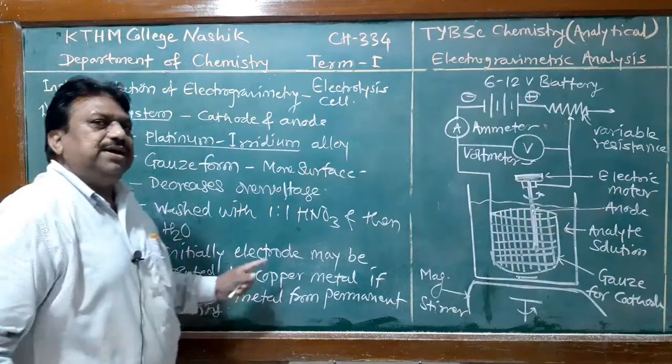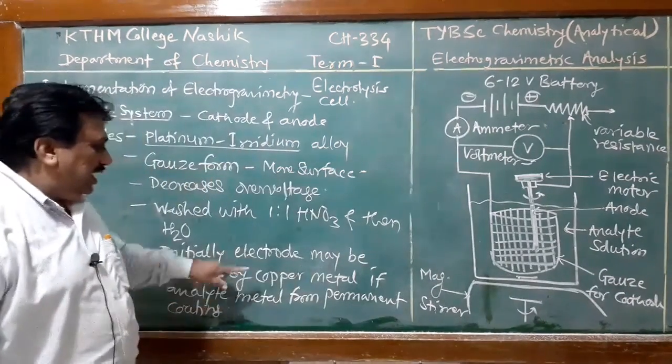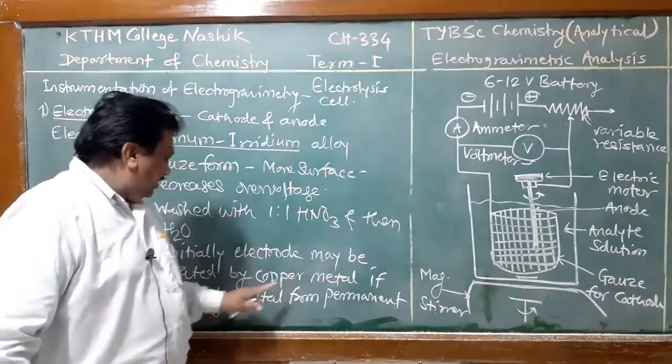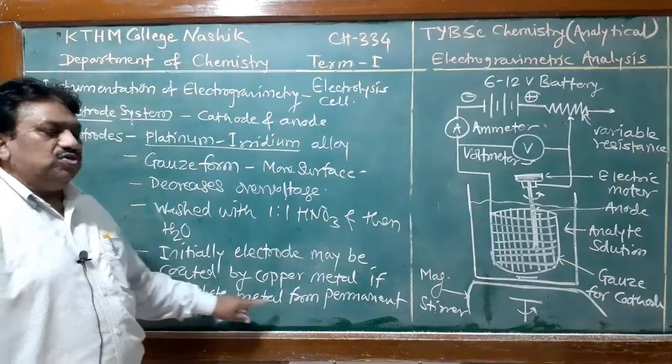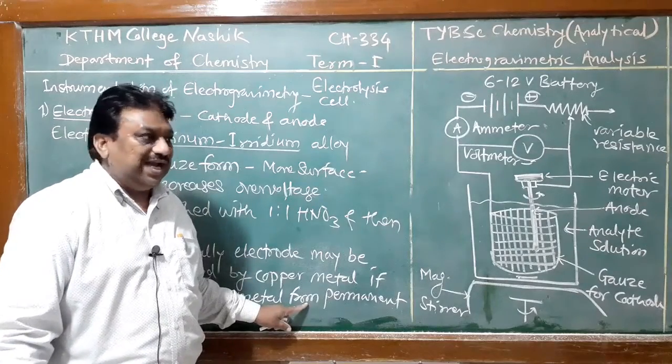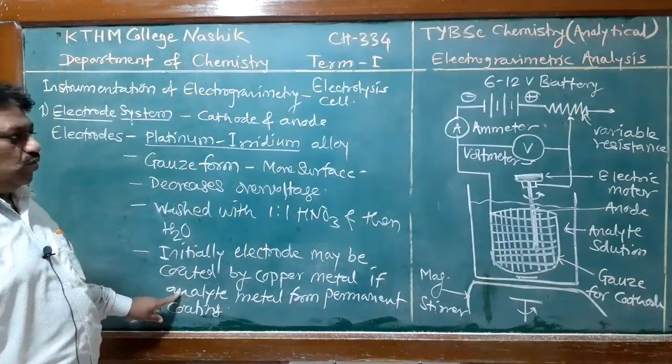Initially, those platinum and iridium electrodes are layered or protected by a copper metal, and after that they are used for the reduction of that particular analyte that forms a permanent coating.